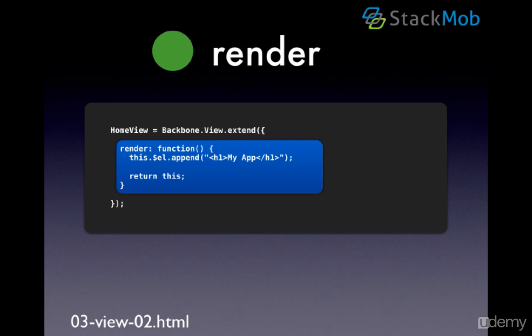You can pass in other things, but in this case, I'm just passing in a string. And I'm also returning this. So when you use return this, what you're allowing Backbone to do is actually chain your methods together. So it's returning itself, and then you can append additional calls onto it, similar to the chaining that you can do inside of jQuery.